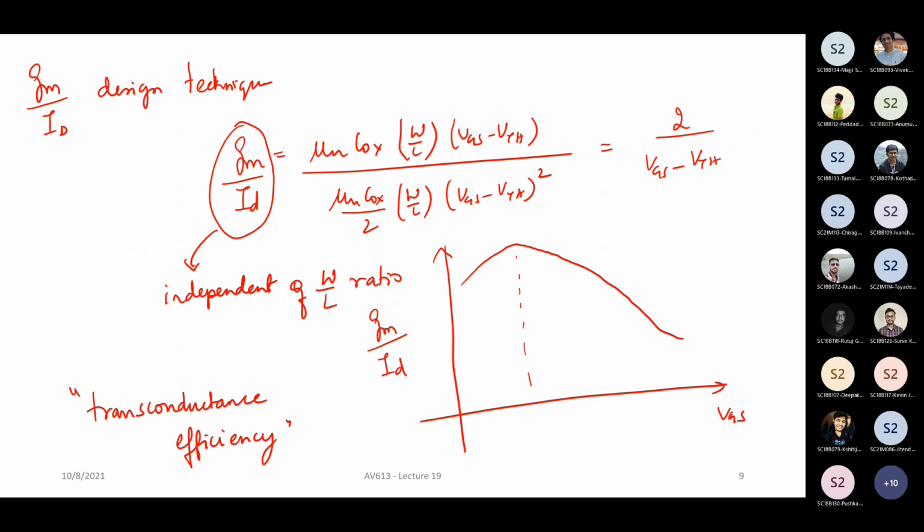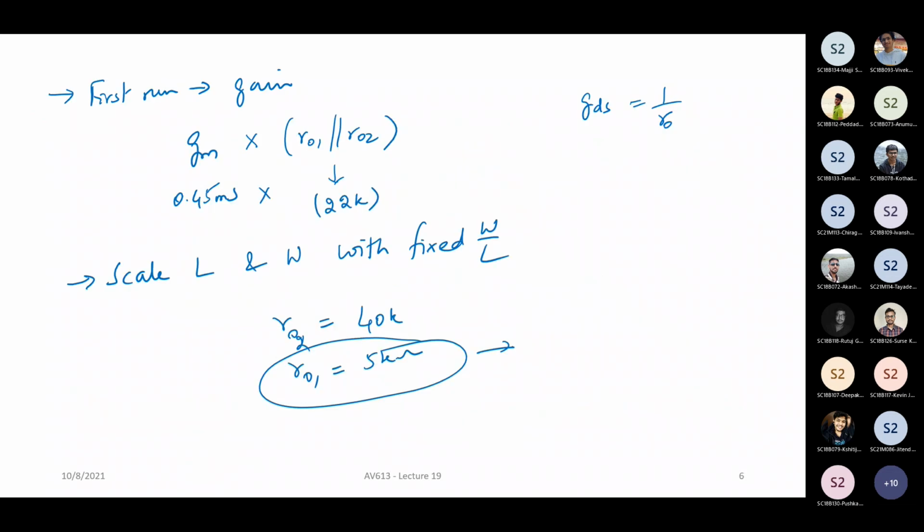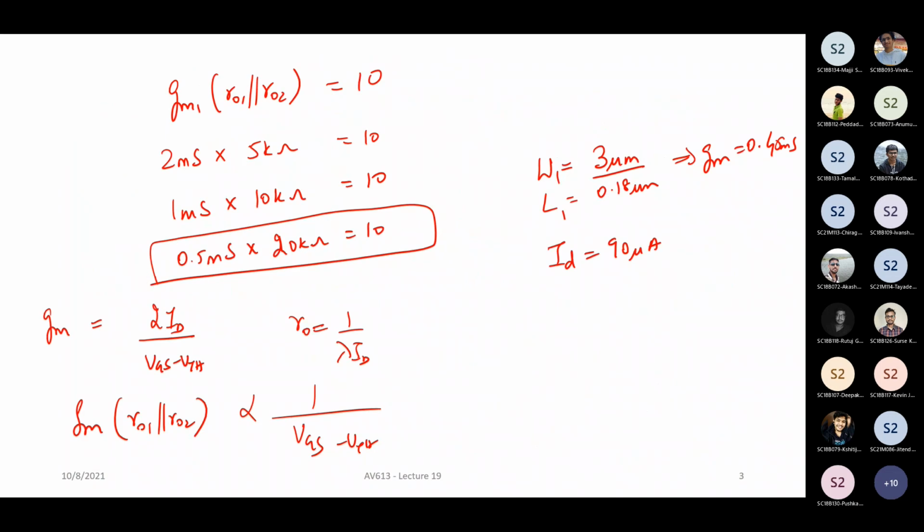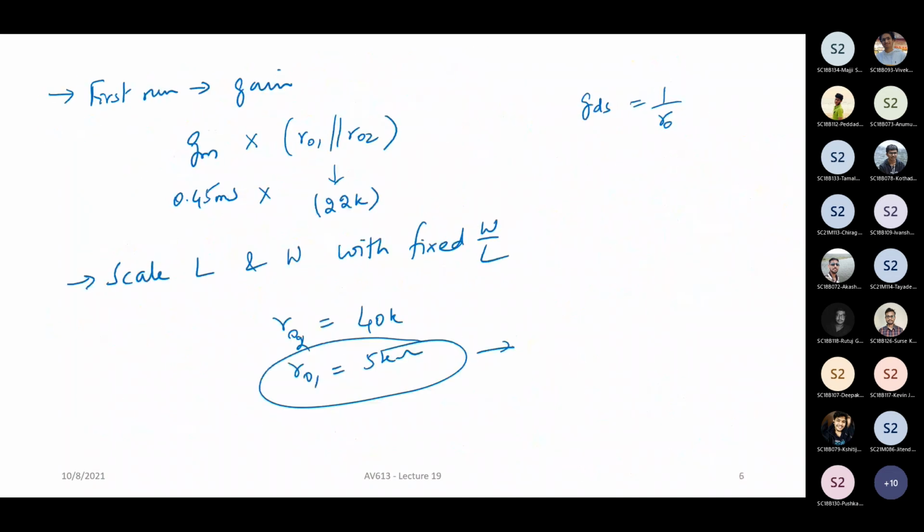Now, what you can do is plot this GM by ID. In fact, there are different ways to design. Even this common source amplifier can be designed using that. So, for example, you have GM into R01 parallel to R02. If you write this out, the gain becomes proportional to the GM by ID ratio.